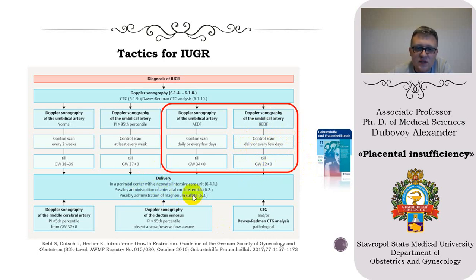Delivery in a perinatal center with a neonatal intensive care unit, possibly administration of antenatal corticosteroid dexamethasone 24 milligrams, possibly administration of magnesium sulfate for neuroprotection. Doppler sonography of the middle cerebral artery, Doppler sonography of the ductus venosus, and CTG analysis with criteria by Dawes-Redman.